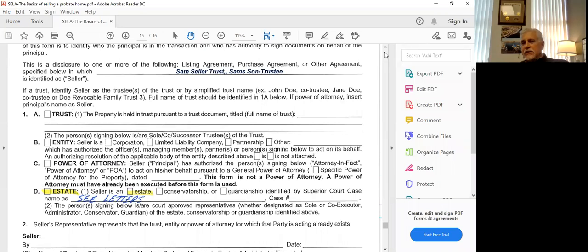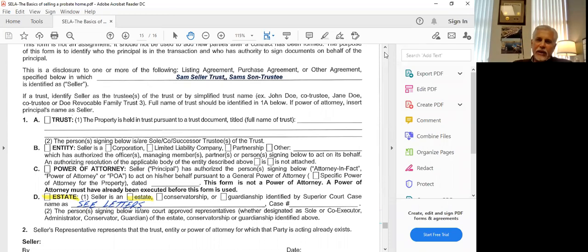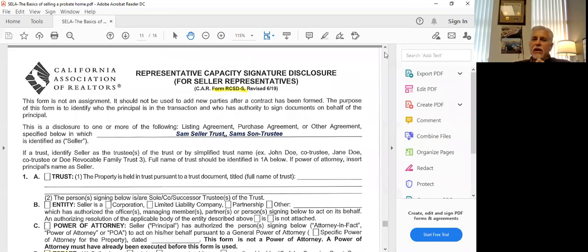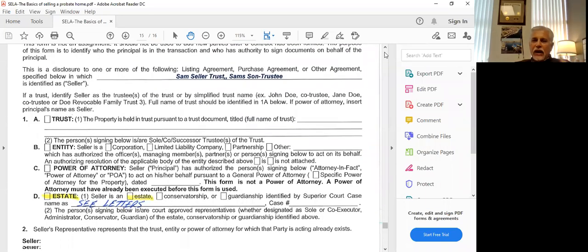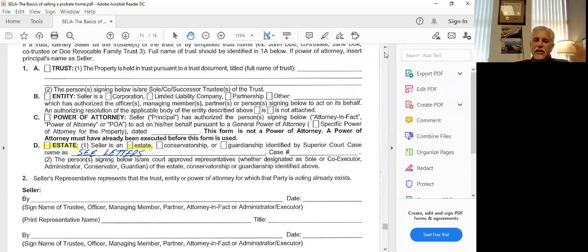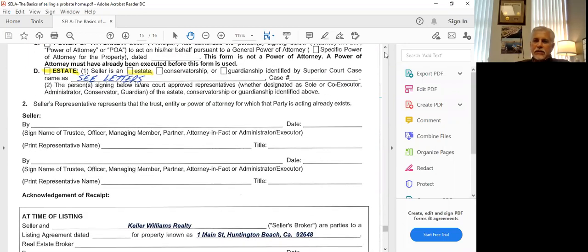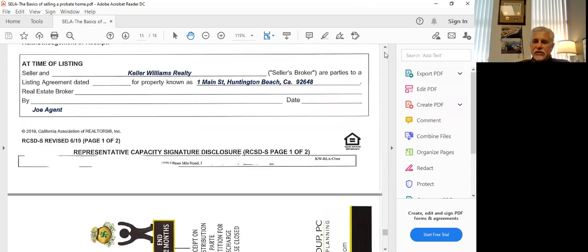Had he not had this, he could have really been in some trouble and maybe even accused of fraud. So when this RCSD was made, it was to protect us on why are you signing for somebody else? And this is them saying, I asked, they signed, here's the signature. So that's what the most important thing on the RCSD is all about.